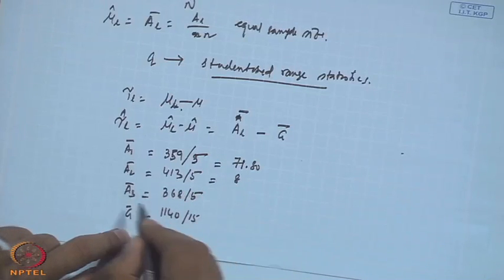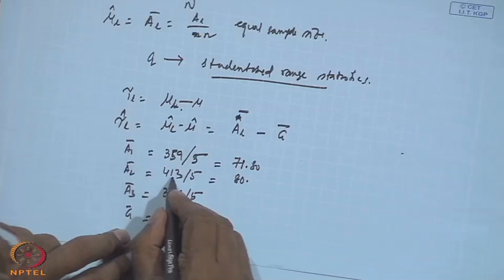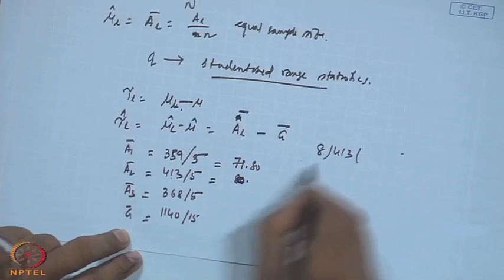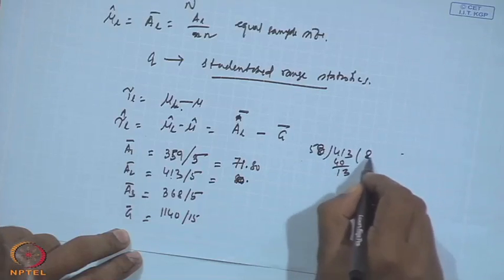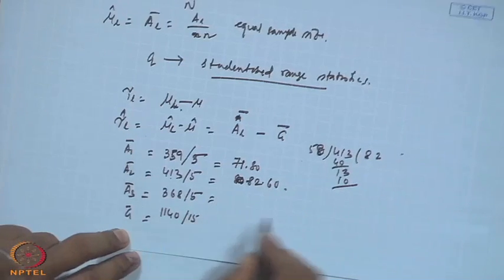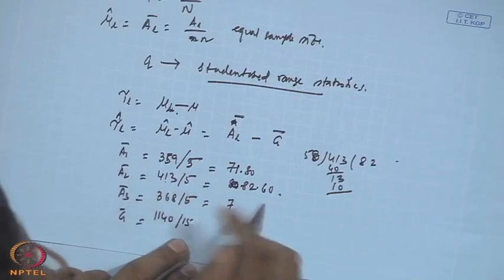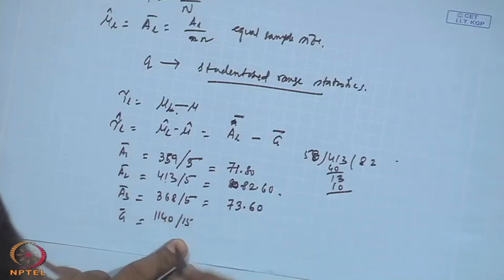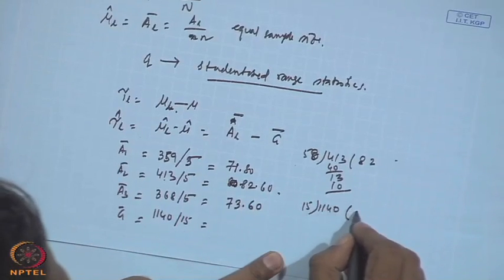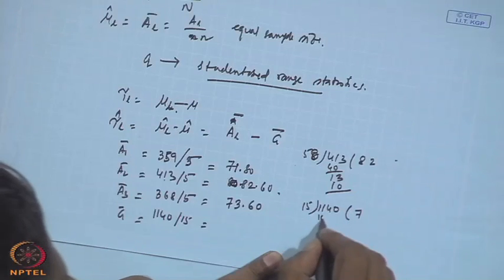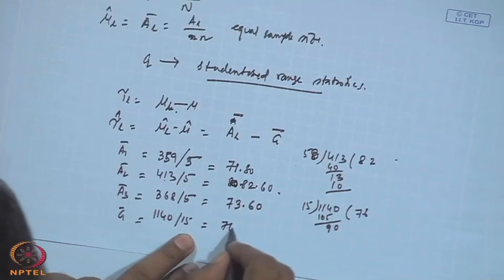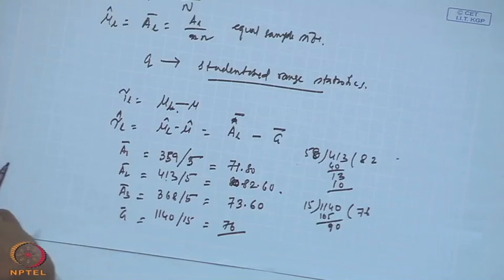Second one is 413 by 5, 5 into 8 is 40, 13, then 2, 10, that is 82.60, and this one will be 368 by 5, which is 73.60, and this will be 1140 by 15, which is 76.